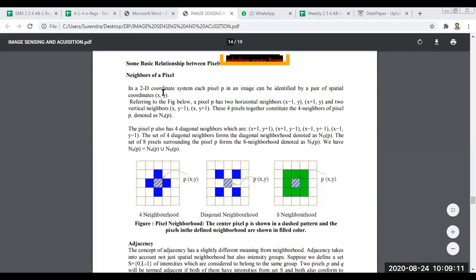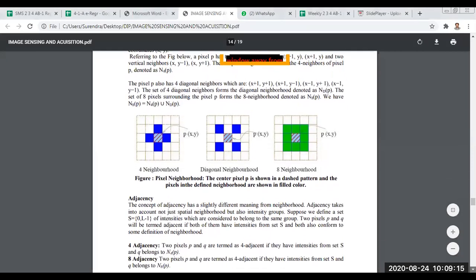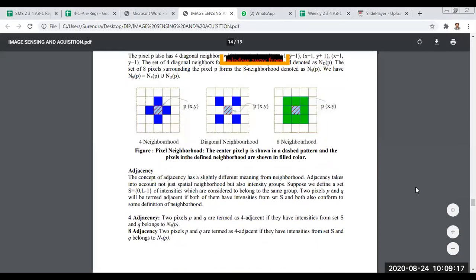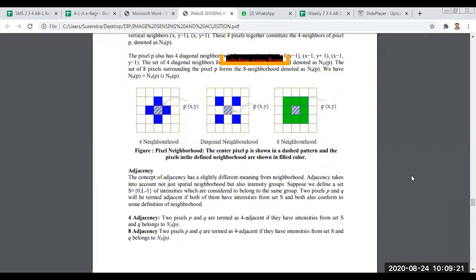Next, come to adjacency. Simply, adjacency is different from neighborhood. In adjacency, suppose you take two images with equal intensities.